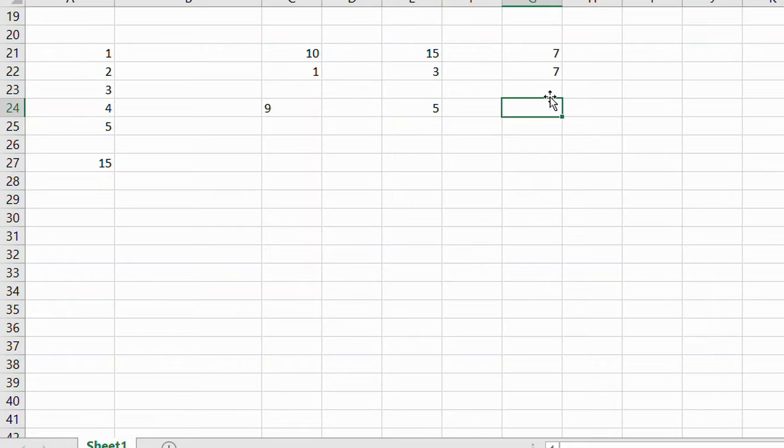And for this last part, I'm going to find out what 7 times 7 makes. Multiplication is similar to division because multiplication doesn't have a typable function in regards to words. So I'm going to type the equal sign, and I want to select the first cell, which is the 7, G21, and the sign for multiplication is an asterisk.